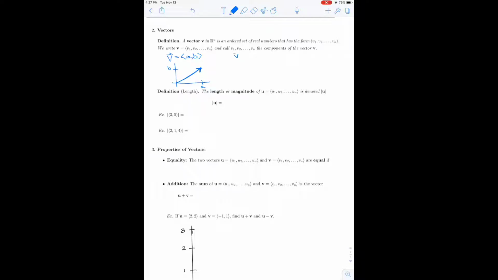In 3 dimensions, we may want to look at the vector ⟨a, b, c⟩. A is the distance in the x direction.